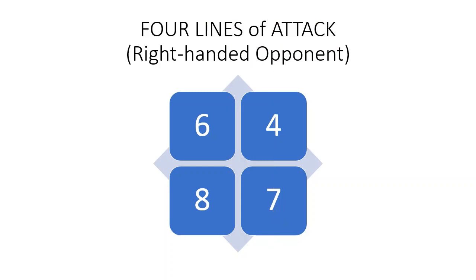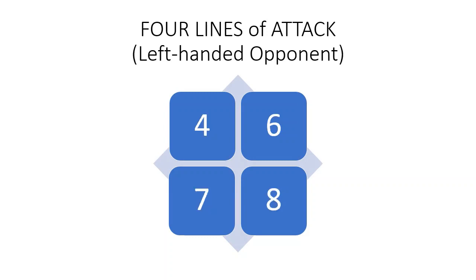Once again, the handedness of the opponent influences the way that the lines of attack and defense are defined. So if instead of a right-handed opponent, we face a left-handed one, we will see that the inside and outside lines have switched. The high and low lines, of course, are defined in the same way.